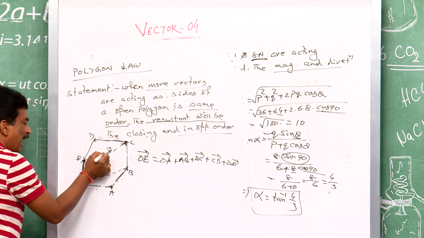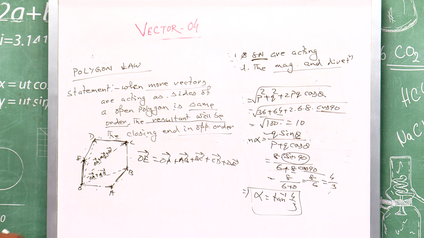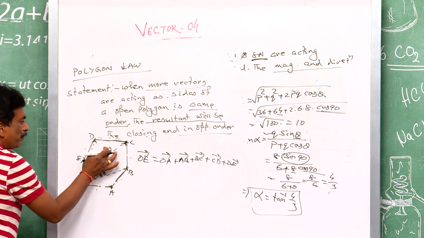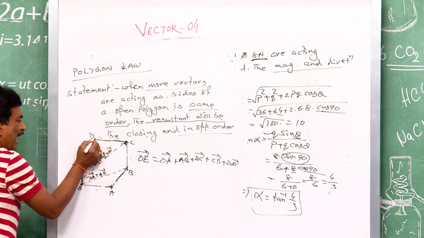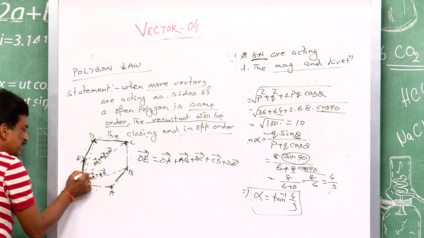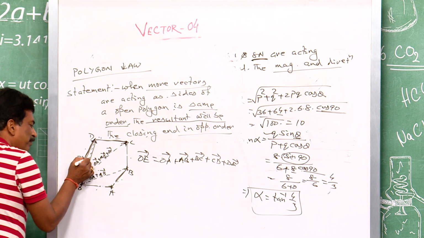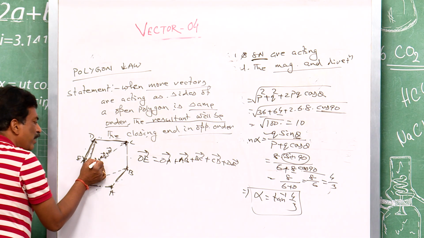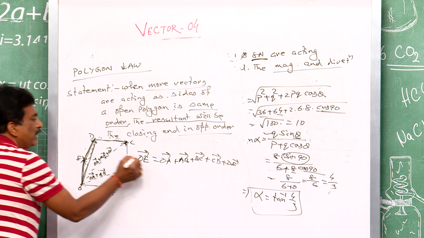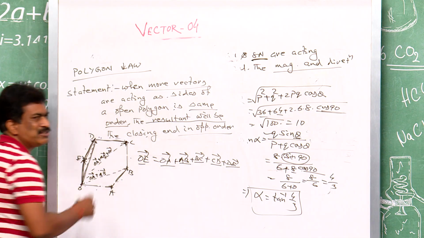When these two are added, this plus this gives OA plus AB plus BC plus CD. This vector ends here, the next vector starts here, and this is the resultant. This plus this is OA plus AB plus BC plus CD, plus DE, which equals OE.